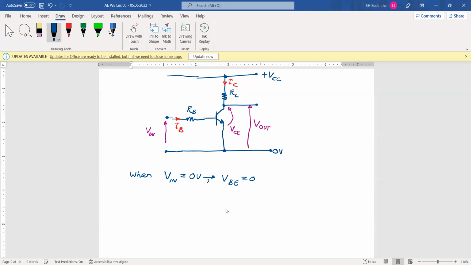As a result, VB is 0 volts. Then the junction is not turned on. Then IB is 0. Because IB is 0, IC is also 0. Because of that, VCE is plus VCC.